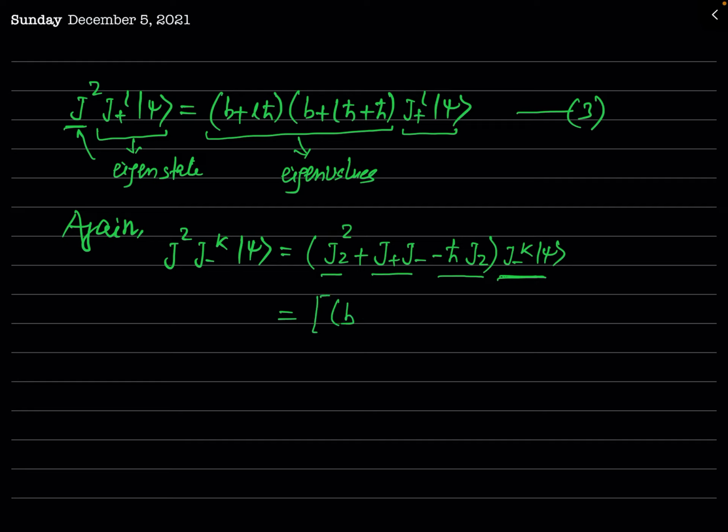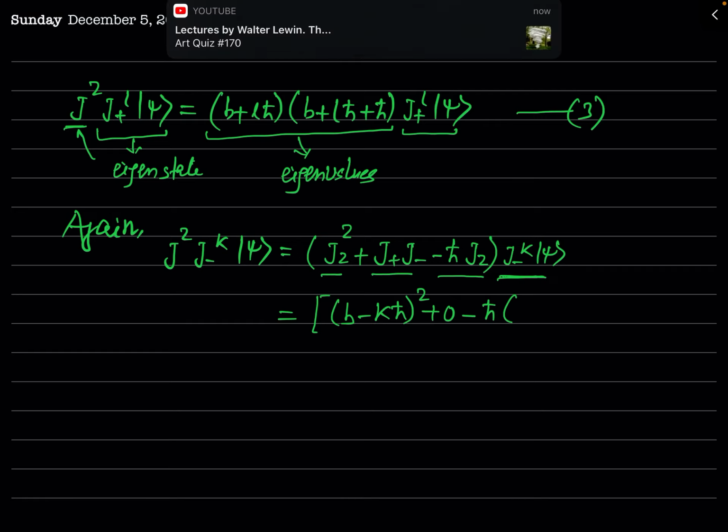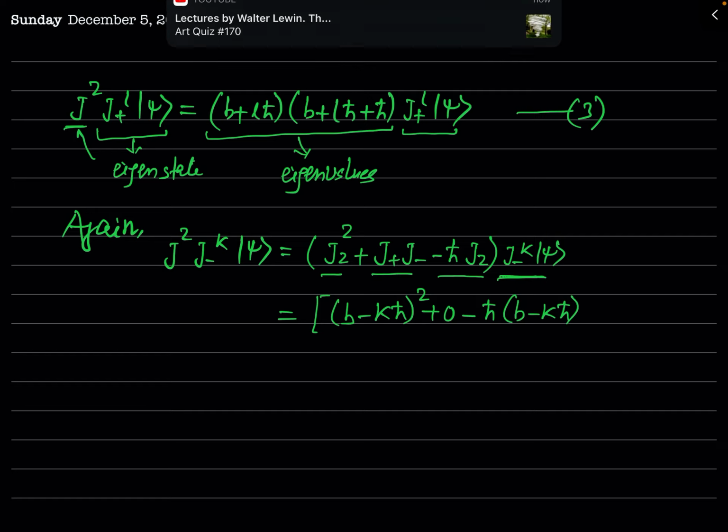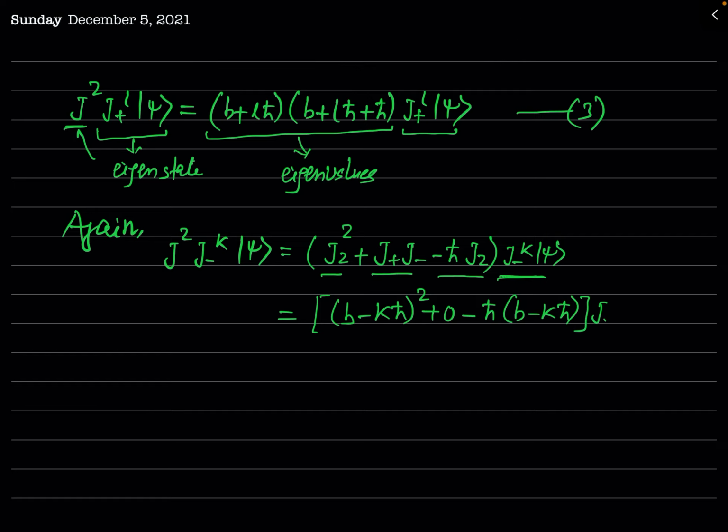This is (b − kħ) whole square plus 0 and minus ħ times (b − kħ) J_minus k ket psi. I have directly written it.